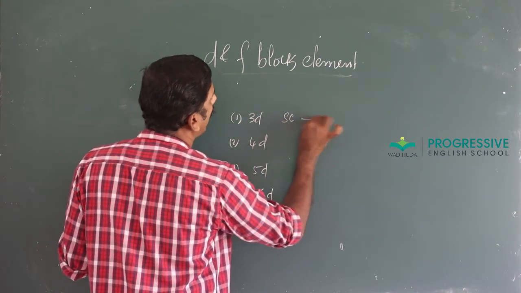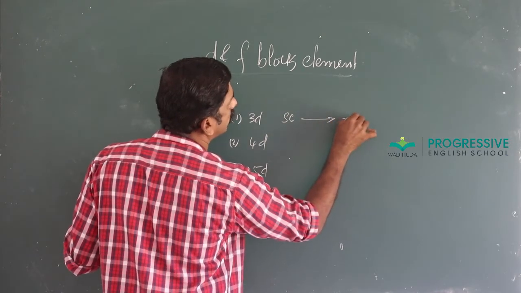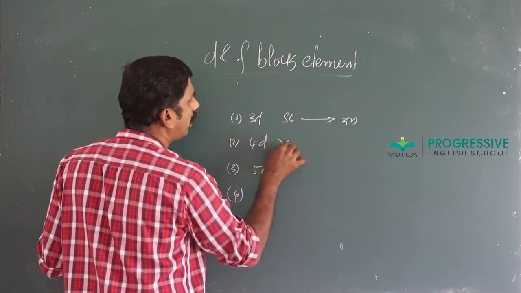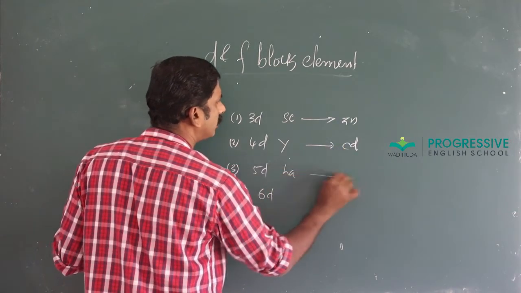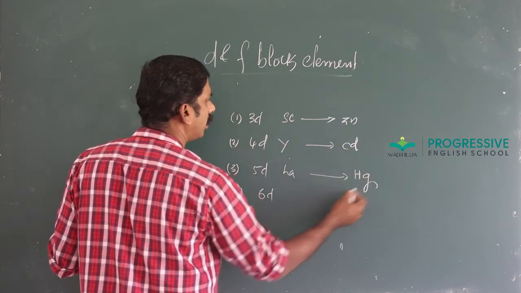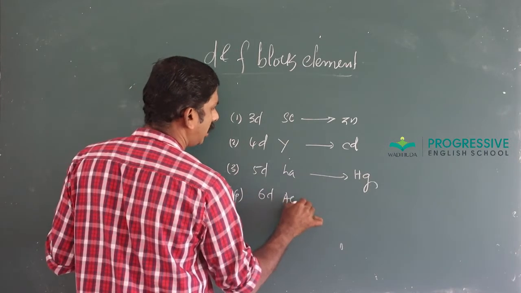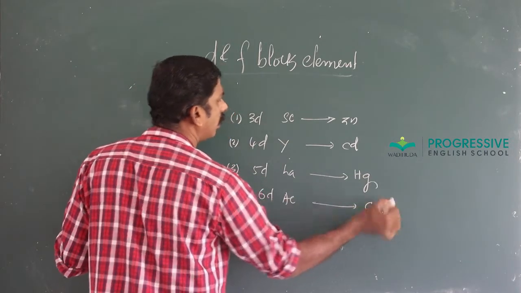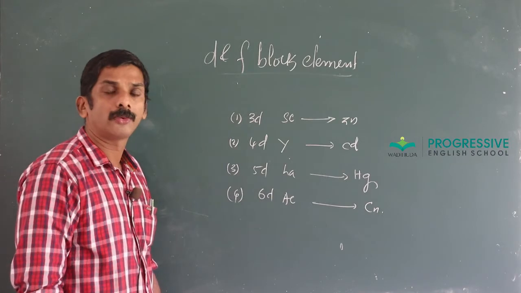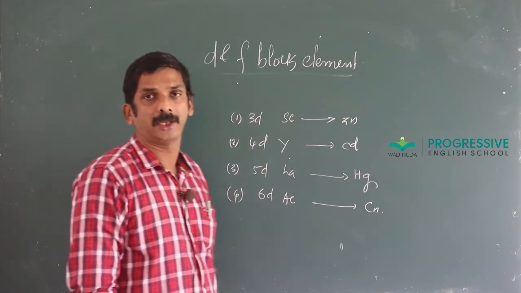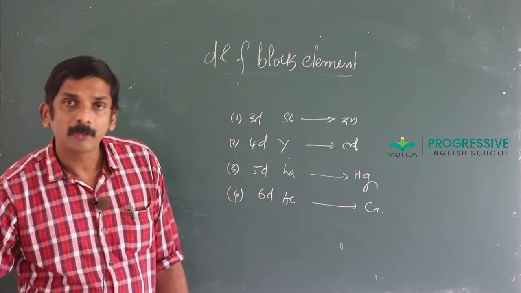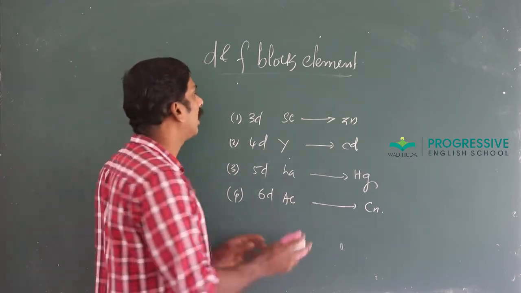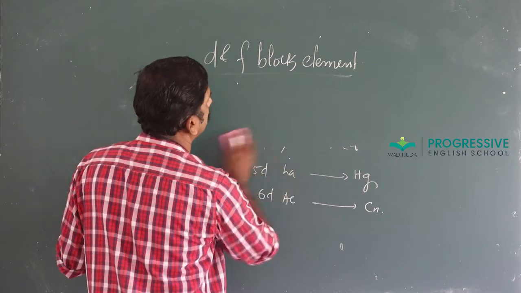They run from scandium to zinc, yttrium to cadmium, lanthanum to mercury and actinium to californium. Now we discuss the important properties of these transition metals.